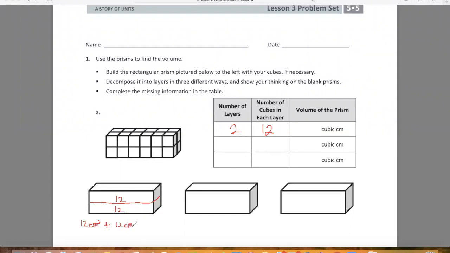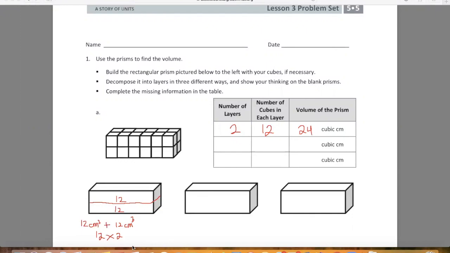And another way to write repeated addition is with multiplication. So I can rewrite this as 12 times 2, so 12 cubes in the 2 layers, or I can flip those over, 2 times 12, and that would be 24 cubic centimeters.